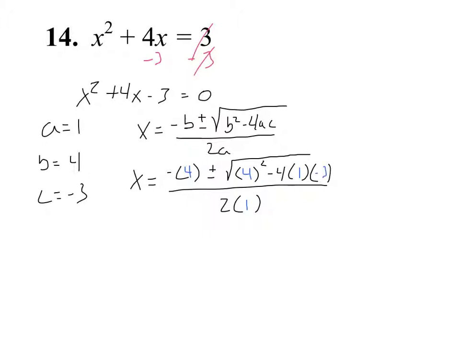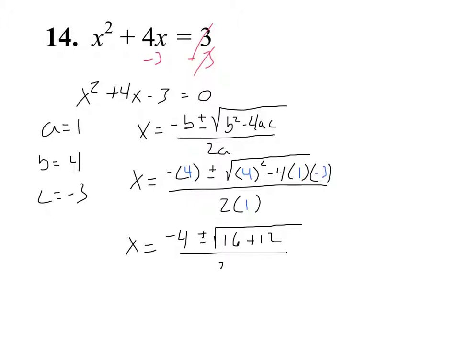All right, simplifying down. What do we have out front? -4. Plus and minus the square root of 4 squared? 16. Now, -4 times 1 times -3. +12. Thank you.